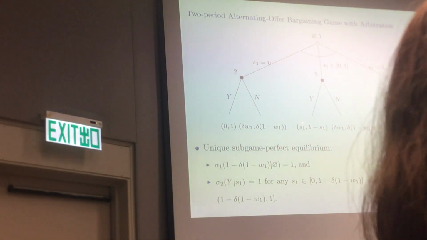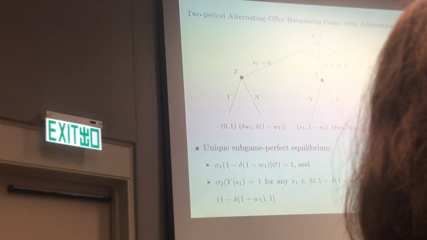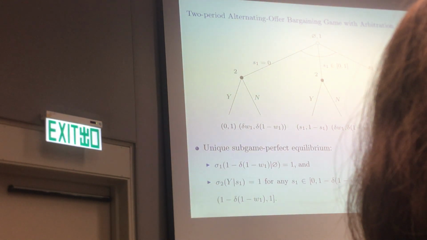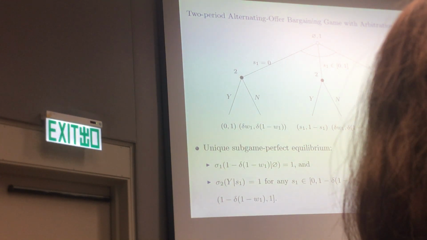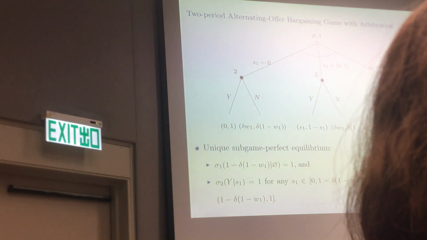So if player 2 says no, then at the end of everything, player 1's payoff will be W1, but there is discounting, so we have to multiply by delta. And player 2 will enjoy 1 minus W1 of the pi, but also there is discounting for player 2, so we have to multiply there as well. So we can summarize whatever happens in the second period with these two numbers.